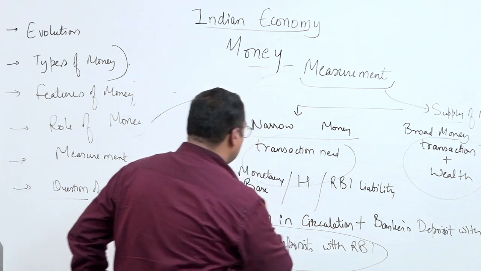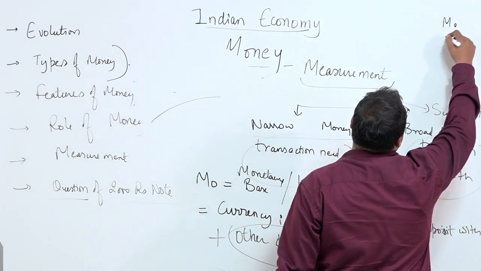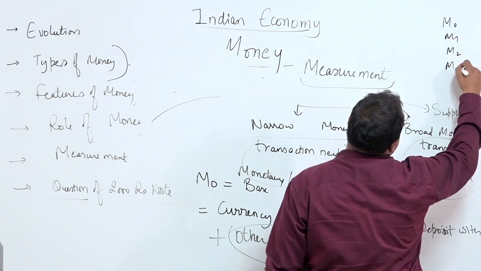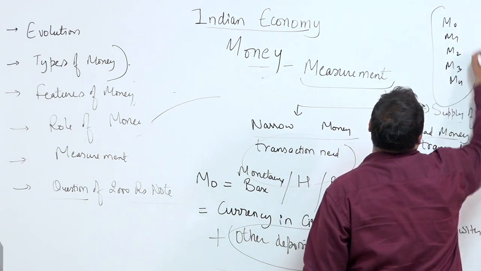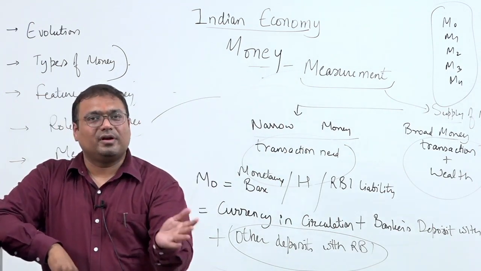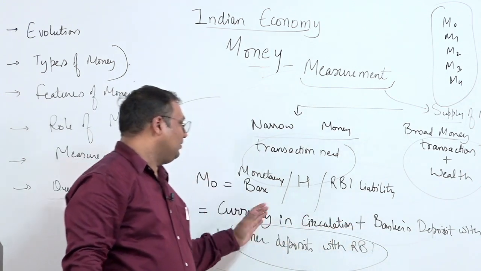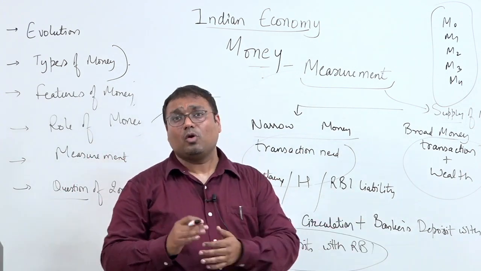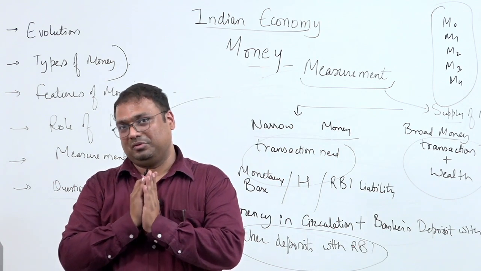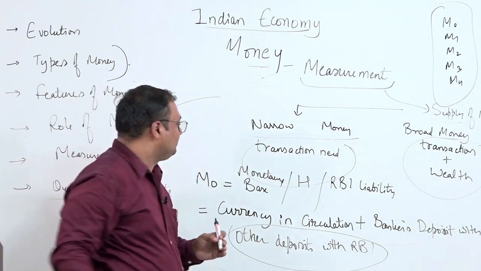So other deposit with RBI will be in all 5: M0, M1, M2, M3, M4. It is part of all of them. That is why you do not have to separately remember where it comes, where it doesn't, since it is universal. And then what do we have? Currency and bank's deposit. Not so difficult to remember now. Okay. Now let us move ahead.